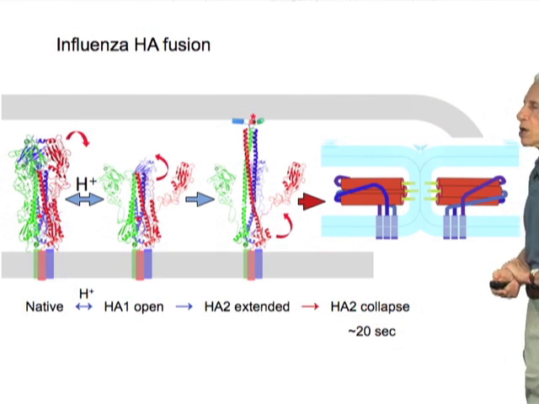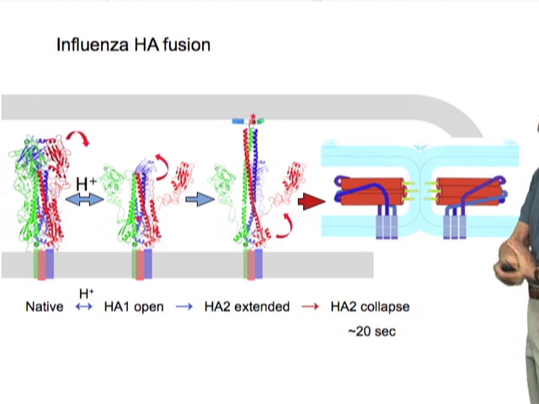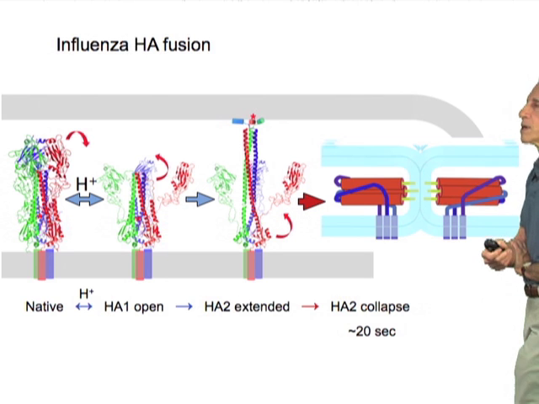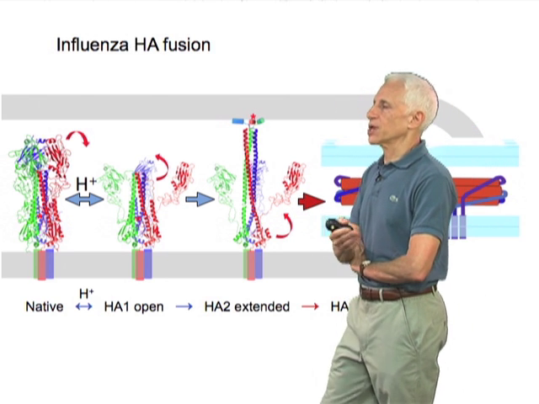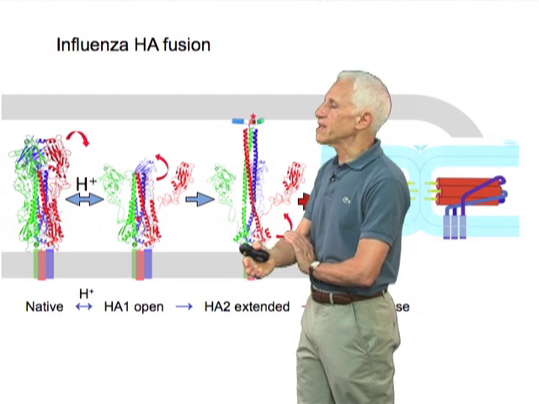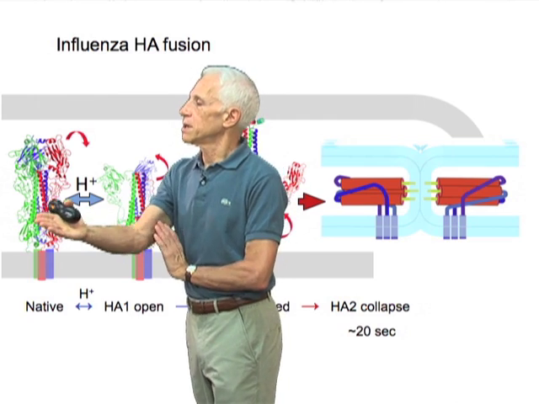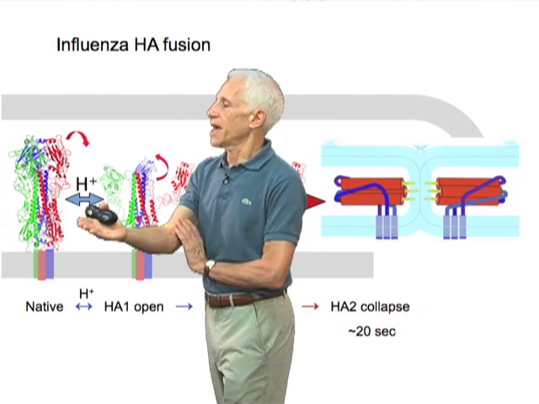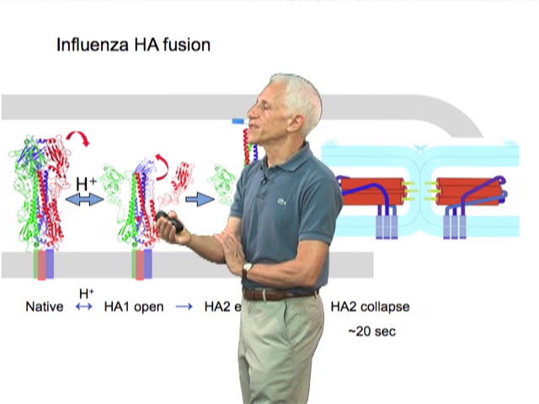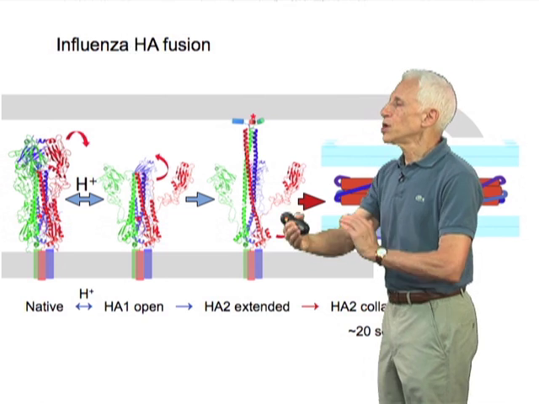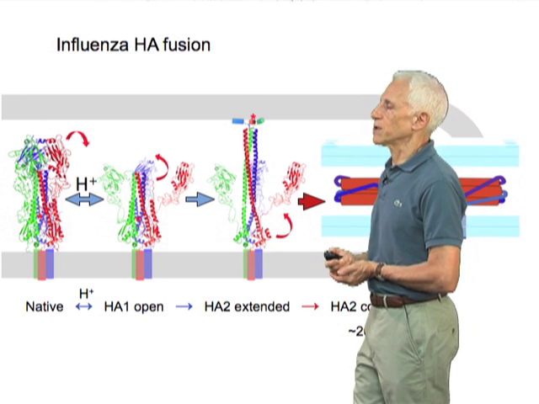So, which of the various steps in this sort of scheme is the rate-limiting step in this analysis? From the pH dependence, and I won't go into the details, we believe that there's an initial rapid equilibrium between a protonated and unprotonated state, but that as soon as this extended intermediate forms, the process is essentially irreversible.